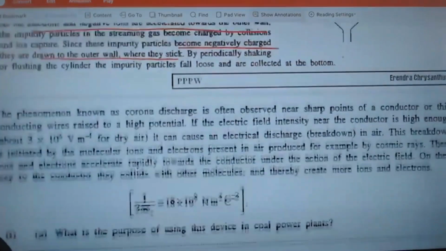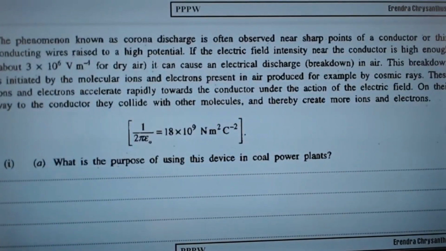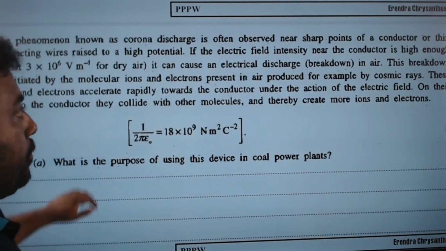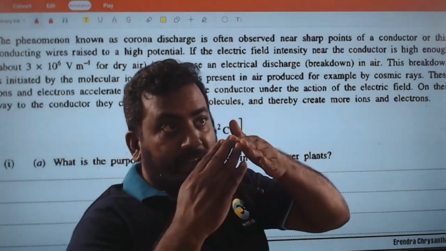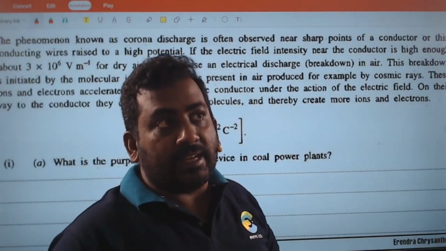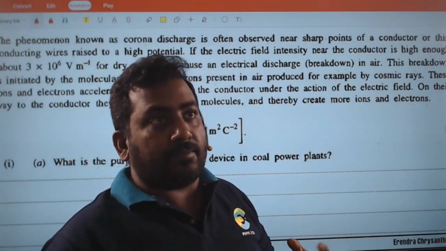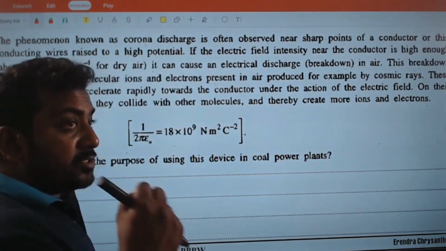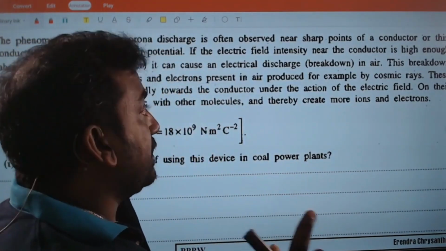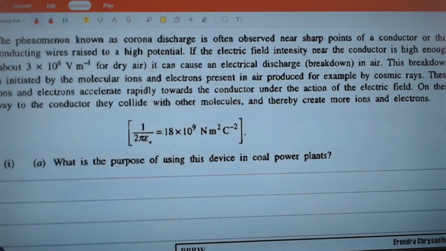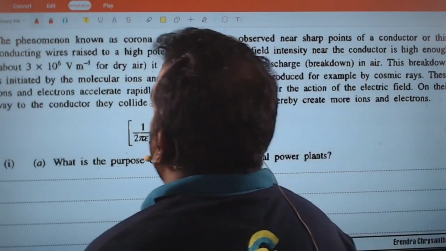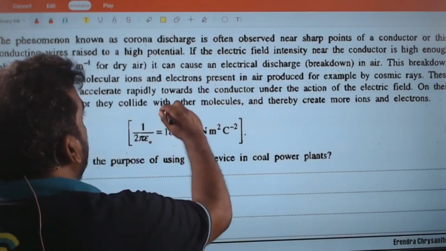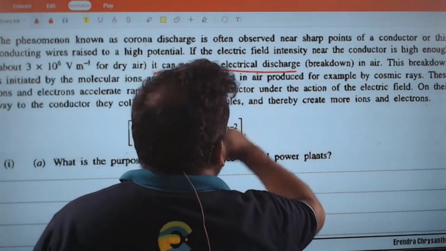Right. The phenomenon known as corona discharge is often observed near sharp points. Now when we did electric fields, near sharp points we drew out the electric fields. The charge is very high. A strong electric field occurs, so very high surface charge density. If the electric field intensity at the conductor is high enough, it can cause electrical discharge in air.